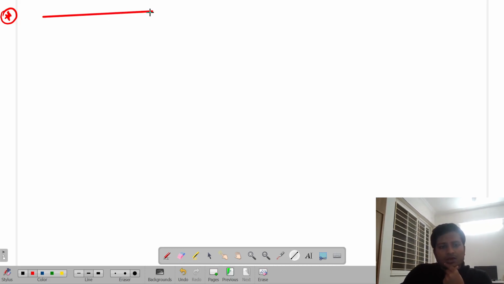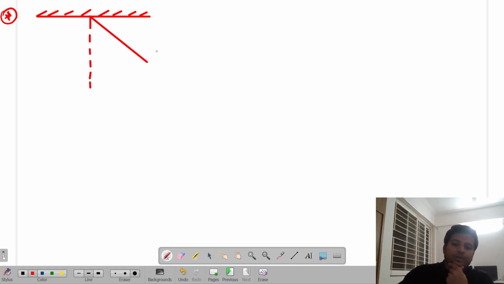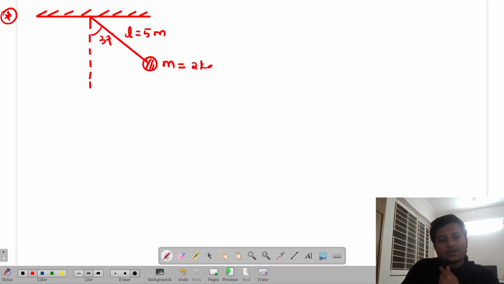Now let us think that I have a pendulum, and I drop the pendulum from a length of 5 meters and at an angle of 37 degrees. The mass of the bob is 2 kg, and from this point it is released at t equal to 0.